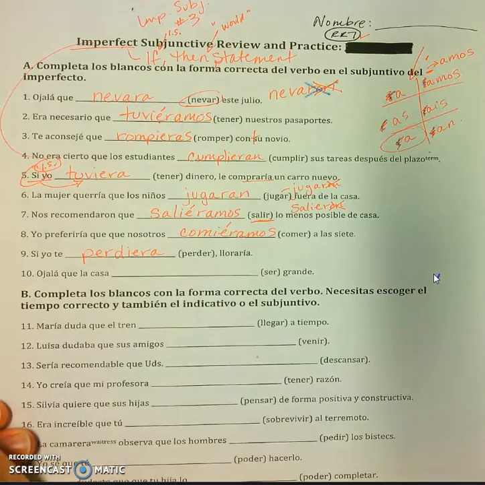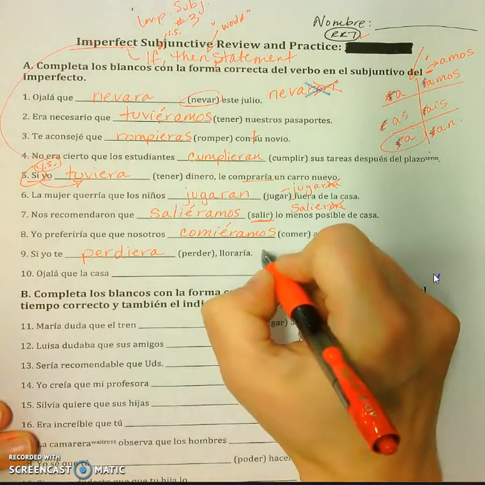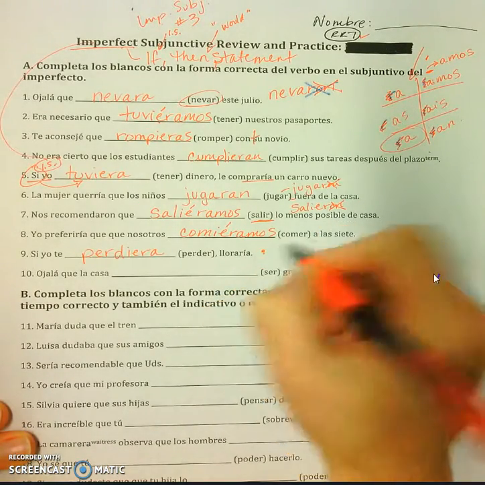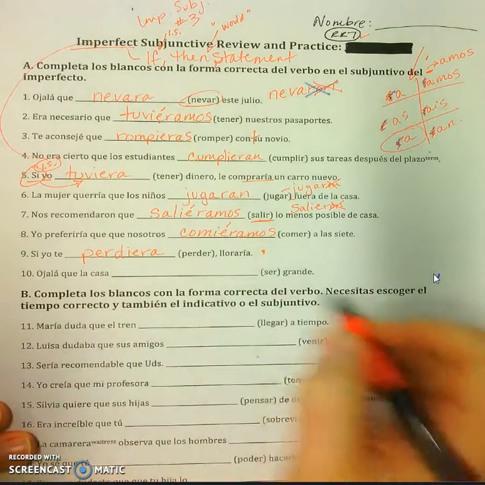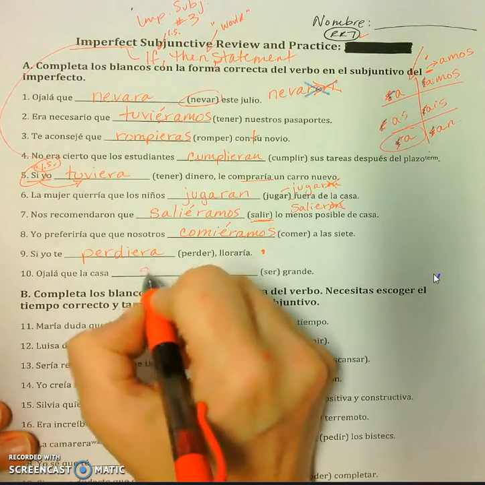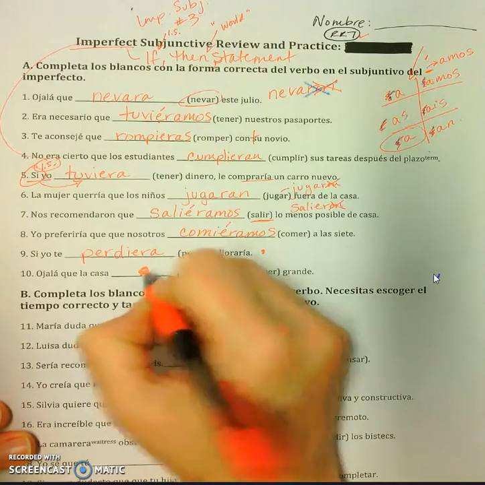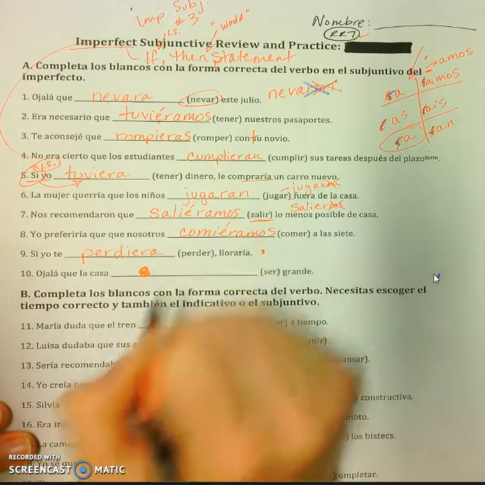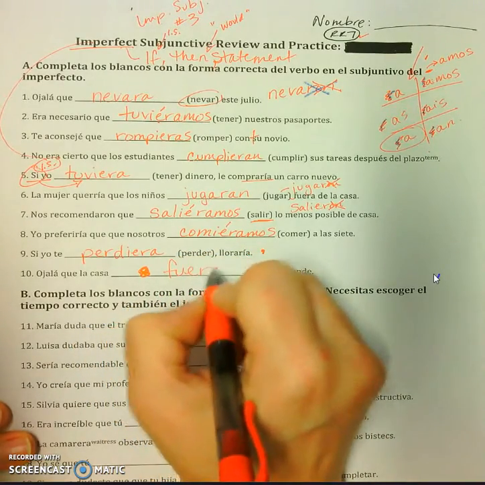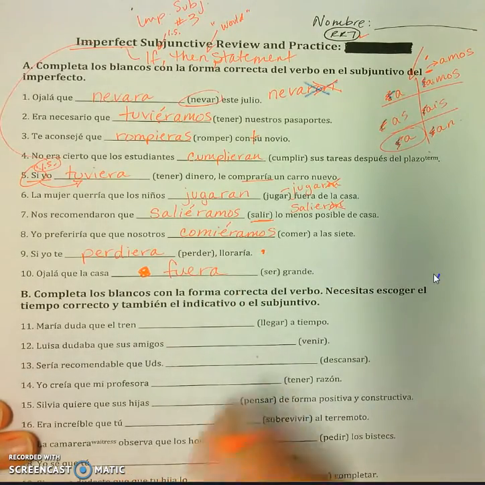If I lost you, I would cry. Oh, lágrimas. Okay. Ojalá que la casa fuera más grande. I wish that the house were larger. Fuera. All right.